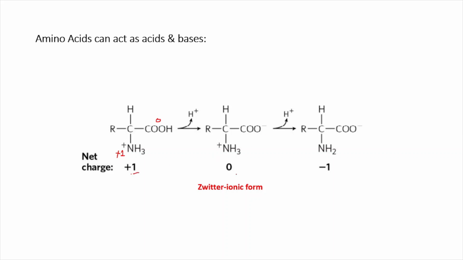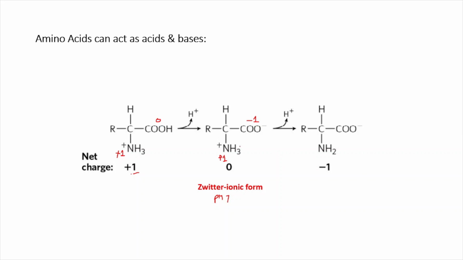At neutral pH, pH 7, this carboxylic group loses one proton and becomes negatively charged. So the charge on the carboxylic group becomes -1 and the charge on the NH3 plus group remains +1. So overall the net charge becomes 0.